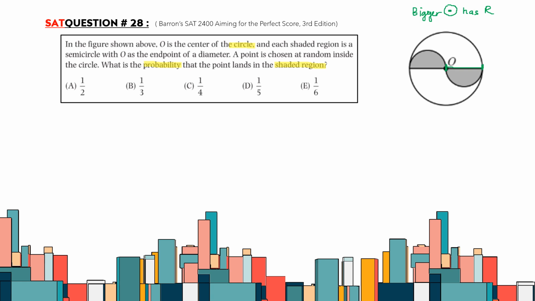And also we see that we have two semicircles, but if we move this part, the bubble part right here, if we move it here, you will have a small circle. This new circle has the radius small r.